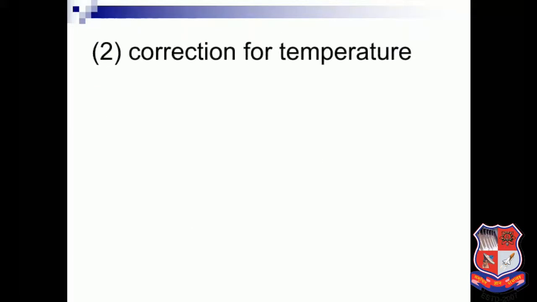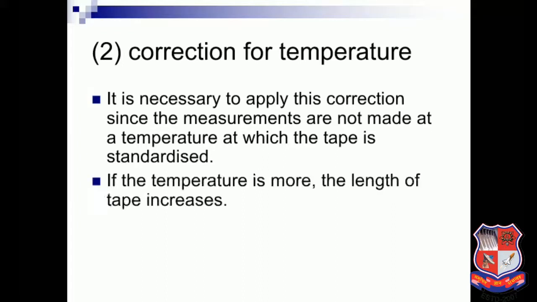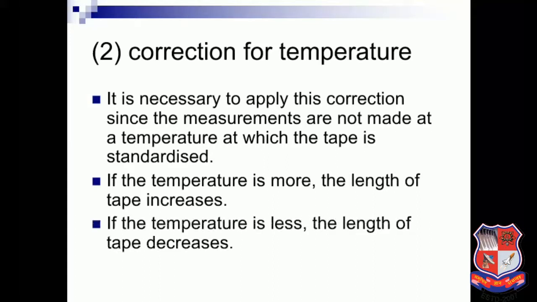That is the correction for temperature. It is necessary to apply the correction since the measurements are not made at the temperature at which the tape is standardized. Sometimes the temperature will be high, sometimes low. If the temperature is more, the length of the tape increases, and if the temperature is less, the length of the tape decreases.